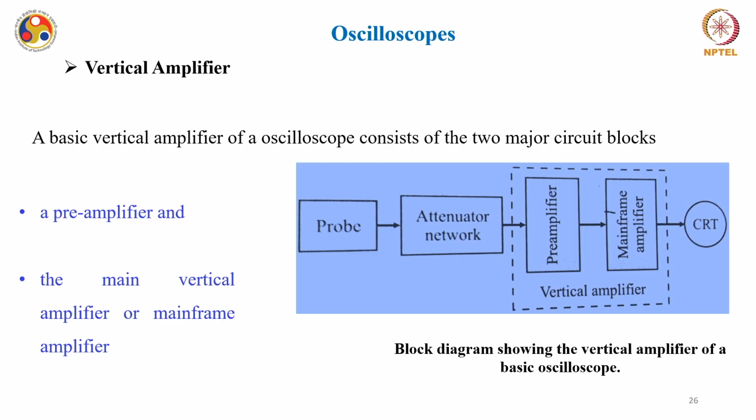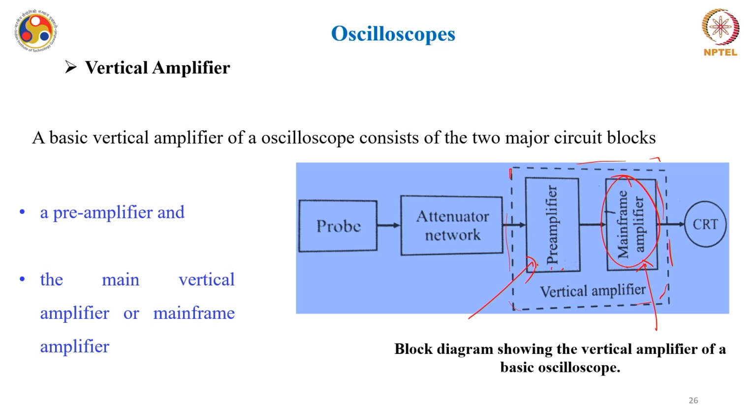The basic vertical amplifier of an oscilloscope consists of two major circuit blocks. One is the preamplifier, and then you have a mainframe amplifier. This whole configuration, including the preamplifier and the mainframe amplifier, makes up the vertical amplifier. The mainframe amplifier is also known as the main vertical amplifier.